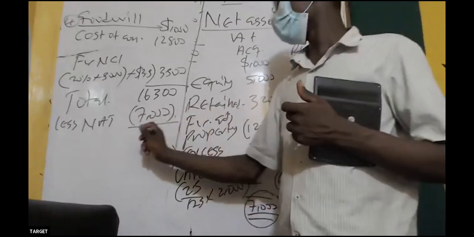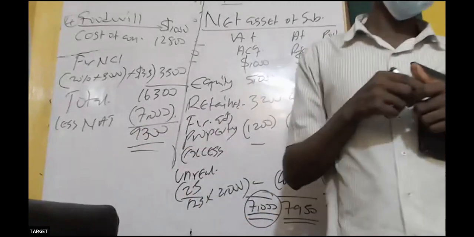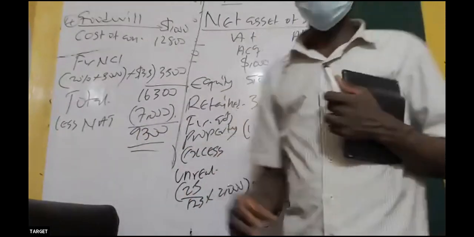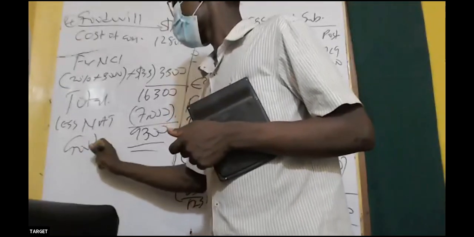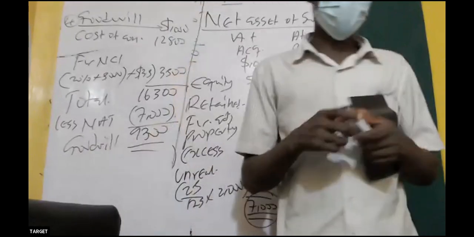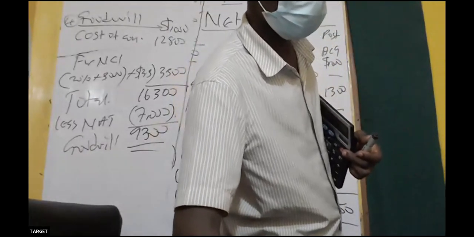So the goodwill is 9,300. That's the goodwill. No impairment. The last footnote stated that there's no impairment after the end of the reporting period.